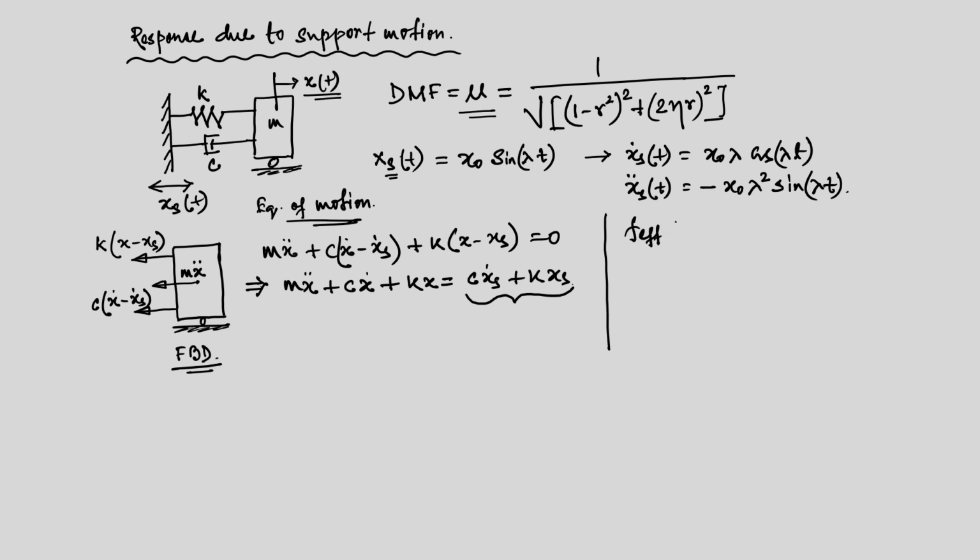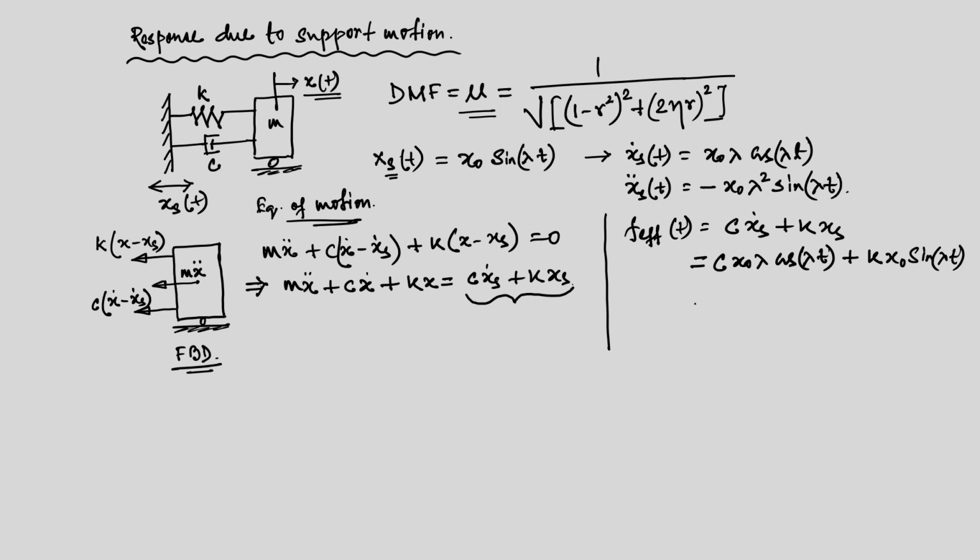In this case, the effective force is nothing but c x s dot plus k x s, and we can put in the expression: c times x naught lambda cos lambda t plus k x naught sin lambda t.